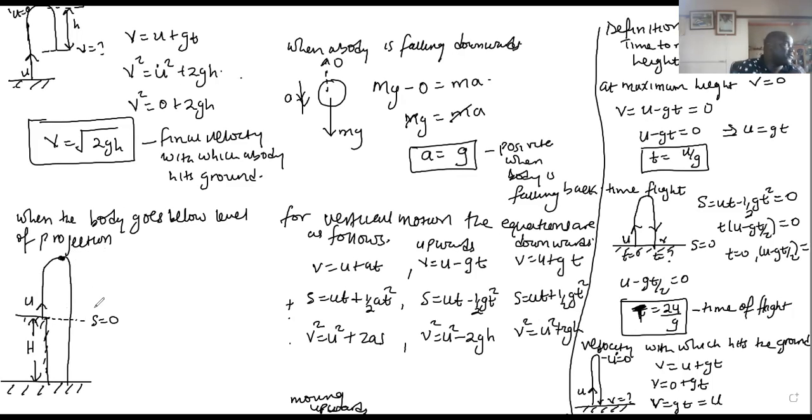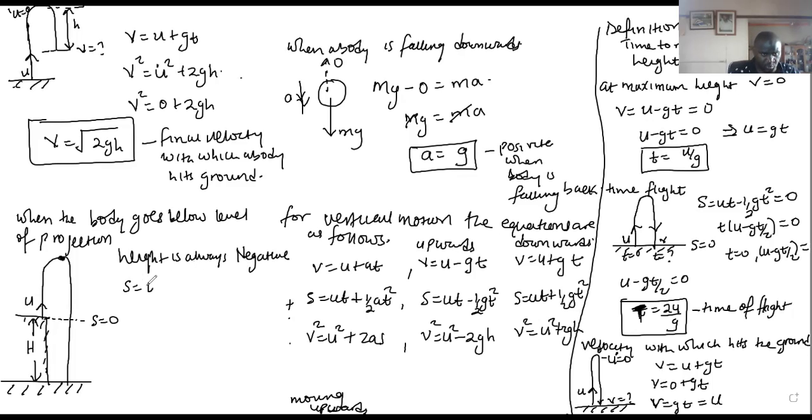Remember, I said that at that level, vertical displacement is 0. If vertical displacement is 0 there, it means it is only covering a height below the point of projection. So height is always negative. So if height is negative, we shall have the following.